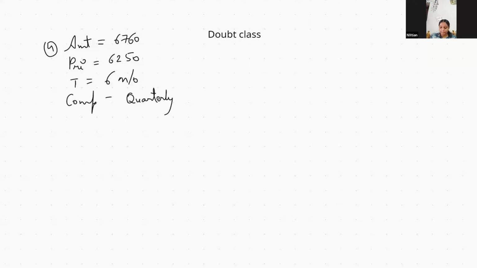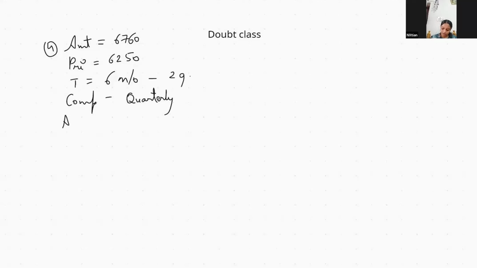This is the fourth problem in exercise 9.4, right? Yes, 9.4, fourth problem. So the power becomes 2, because in 6 months, 2 quarters are there.